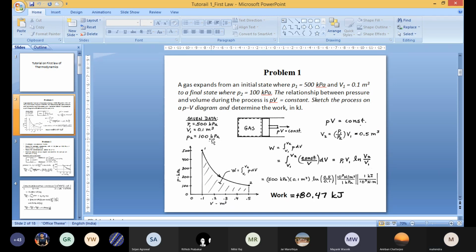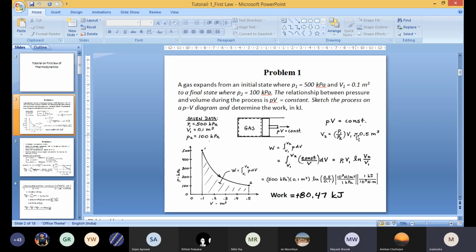By considering P1 V1 equal to P2 V2, because PV is constant, we are calculating V2 over here.